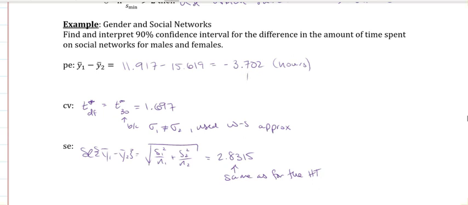So this is the same point estimate as for the hypothesis test. This is the same degrees of freedom for finding the p-value for the hypothesis test. It's the same standard error as finding the test statistic for the hypothesis test. So confidence intervals and hypothesis tests, they use the same things. The only thing that differs is that we use a critical value to find how far away we need to go, and for a hypothesis test, we calculate a test statistic.